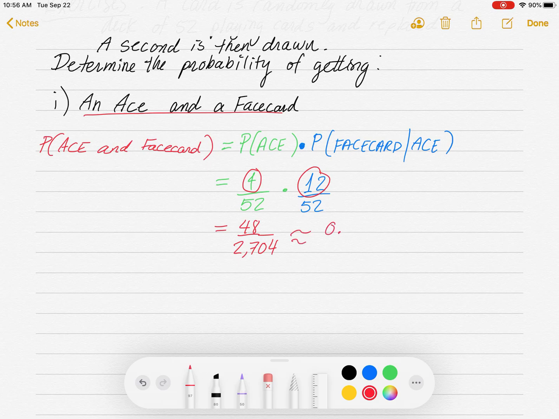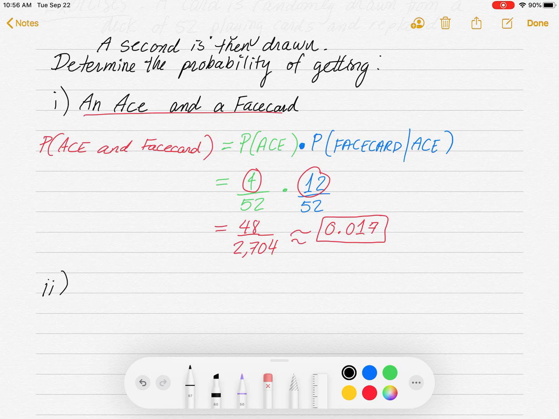Okay, this is approximately 0.017. Doing 3 decimal places. If you want to go a little further, you can with these. Sometimes I'll probably go a little further when the decimals get really tiny. But try to go to at least 3 decimal places. If you want to go 4 or 5, that's fine as well. All right, so it's a small chance, right? That's about a 1.7% chance. If you were to move the decimal 2 to the right, you could turn it into a percentage. You get 1.7%.